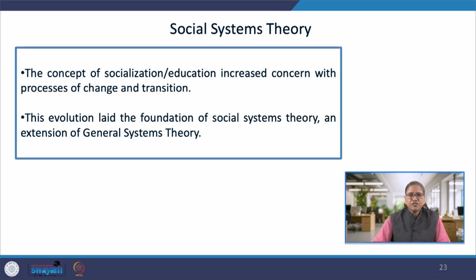Until the 1960s, classical sociology predominantly focused on communication of social experience to younger generations and transmission of an organization's culture, norms and value orientation. In the later part of the 20th century, the concepts of socialization and education dominated the concern of management scholars, with processes of change and how to adapt to change.